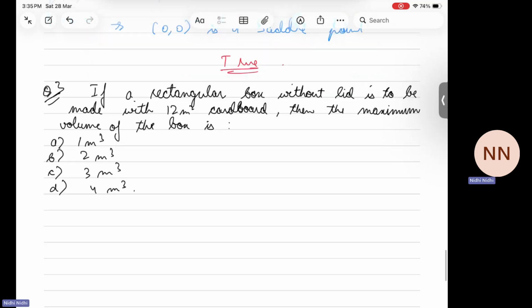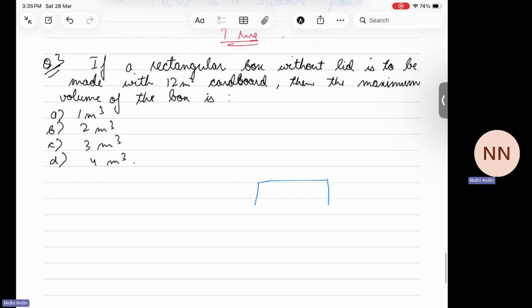So if we consider this to be the rectangular box, and it doesn't have the topmost part, so this is open from up.